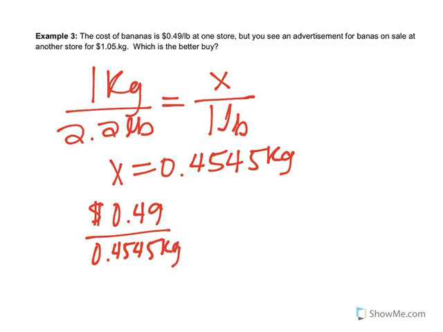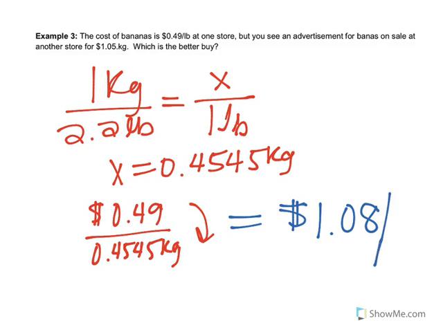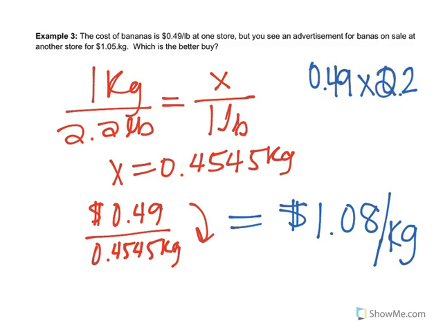To figure out how much that is per 1 kilogram, we're just going to divide these two things. So 0.49 divided by 0.4545, and we get that it's equal to $1.08 per 1 kilogram. You could also just take this 0.49 and times it by 2.2, not 0.22, which is our conversion factor.